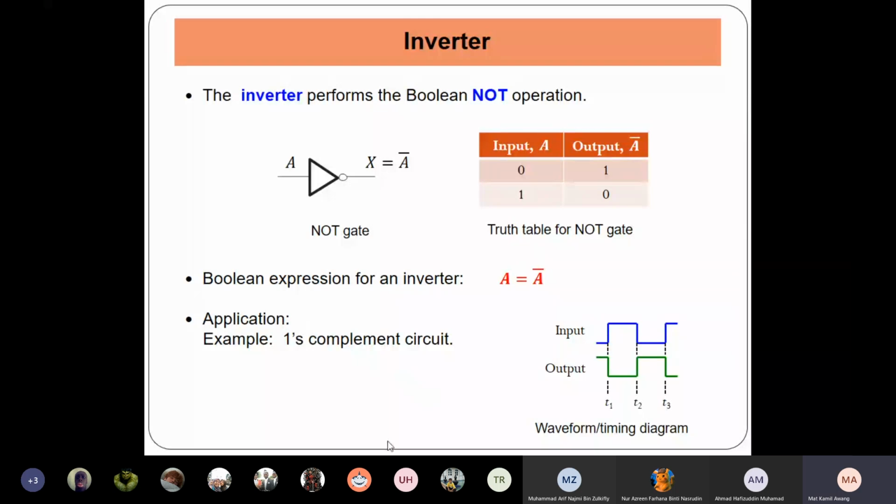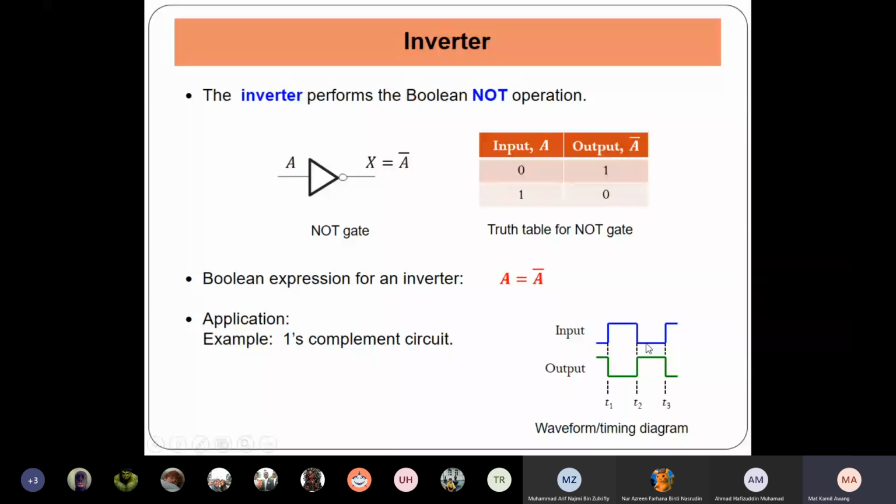Let's say that you have an input like this, the blue one: low, high, low, and high. An inverter or NOT operation means that when the input is low, the output is high. When the input is high, the output is low.